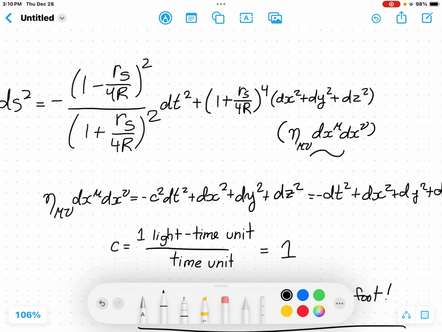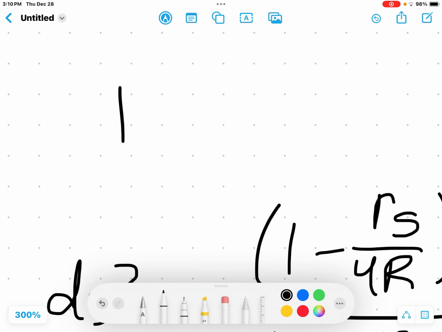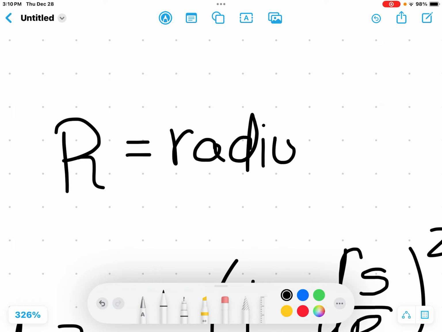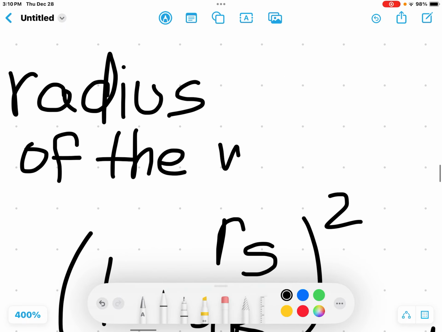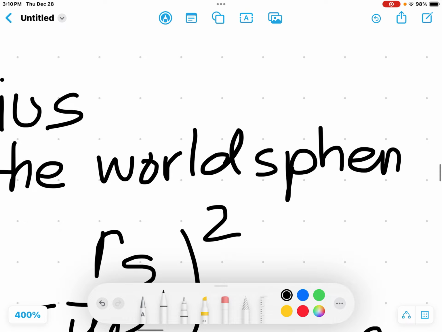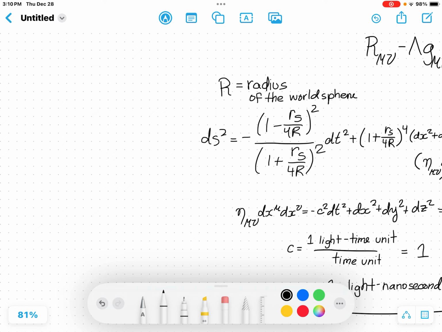so this is it. And r of course is the radius of my body, so my Catboy's world sphere. And I never justified why I call it the world sphere. When we're talking about geodesics or trajectories through space-time, we're considering Catboys, or whatever you want to think of them as, traveling through space. Think of them as a point particle, and the trajectory they trace out through space-time evolves through time, right?